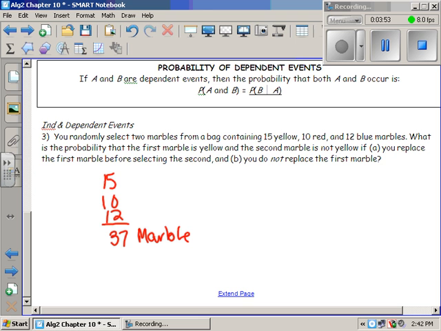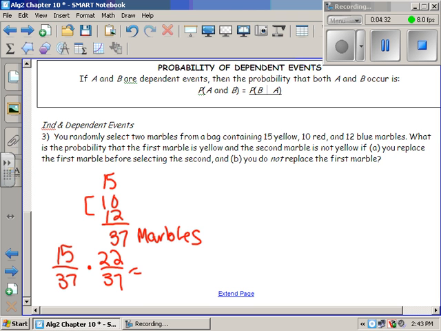And so if I want to know the probability of first picking a yellow marble and then second picking a non-yellow marble, and the first time I'm going to replace them, so that makes them independent of each other. So the first time it would be 15 out of 37, because 15 yellow out of 37 total, times, and since it's independent, I pick again, I want a non-yellow marble, so these two would be non-yellow, so that'd be 22 out of 37.